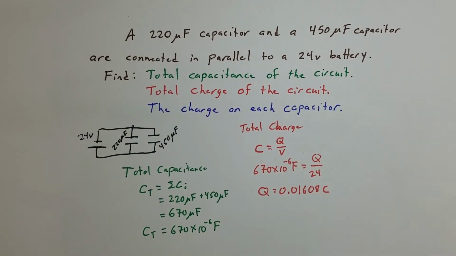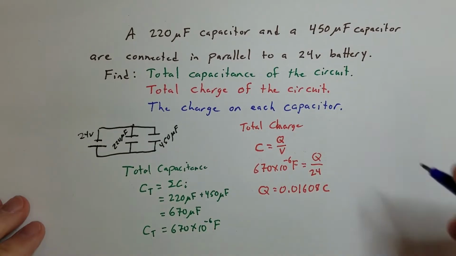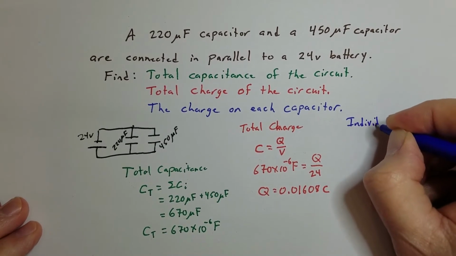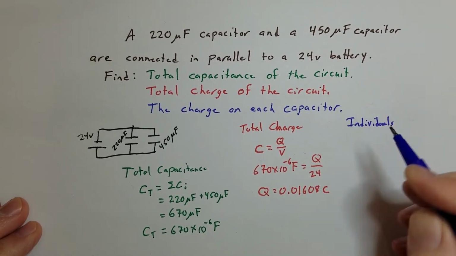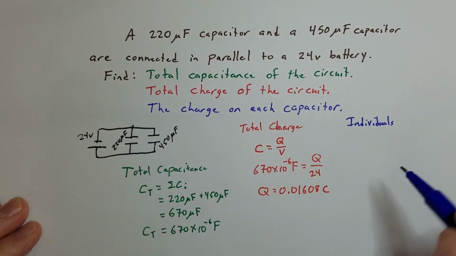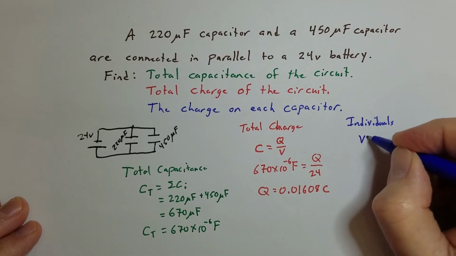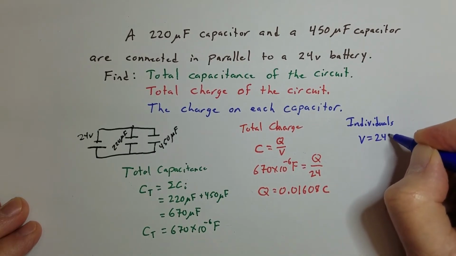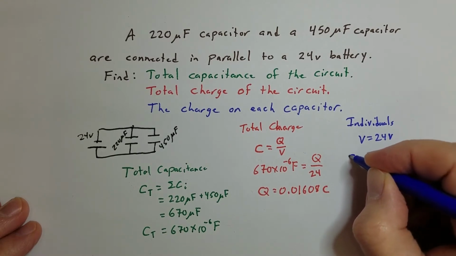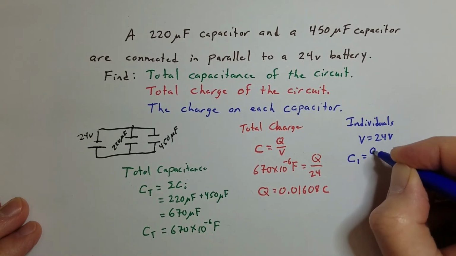And now I want to figure out the charge on each capacitor. So we're going to do the same thing. Now we know the voltage on each one is 24 volts because it's in parallel. So we know V for both of them is 24 volts. And so now let's do that for the first capacitor. So C1 equals Q1 over V1.